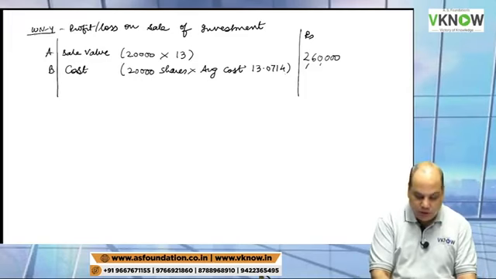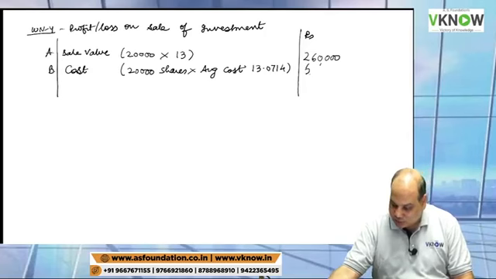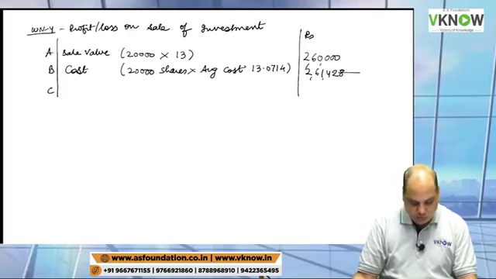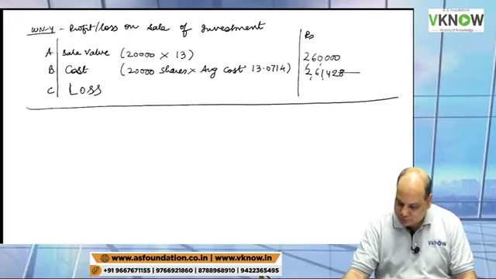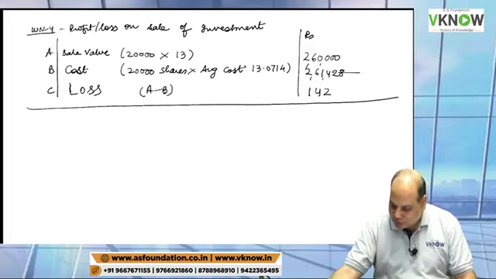The one who gives me the answer first, I will give an award. 261,428. Oh, there is a loss. A minus B is negative. 1,428 loss.